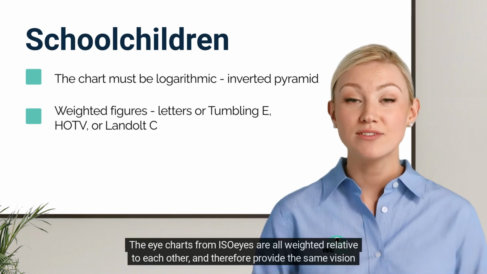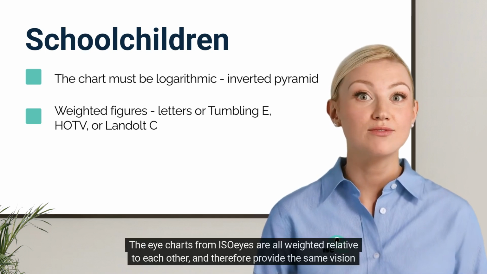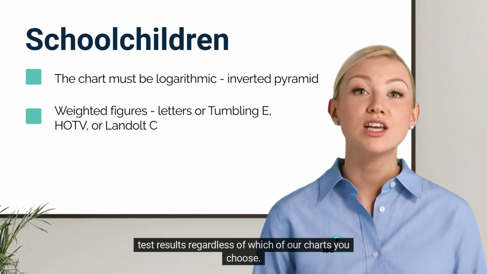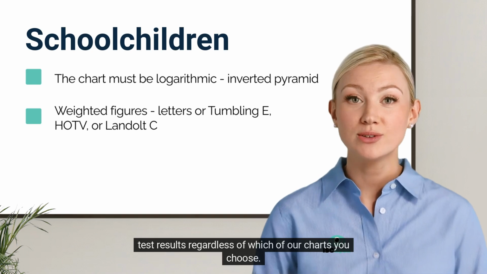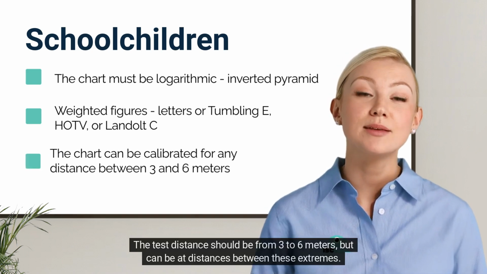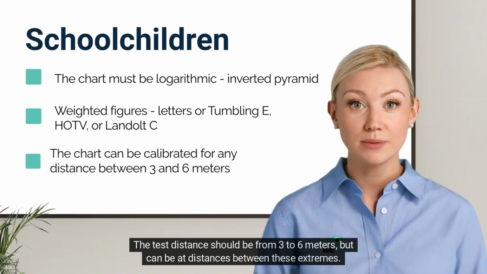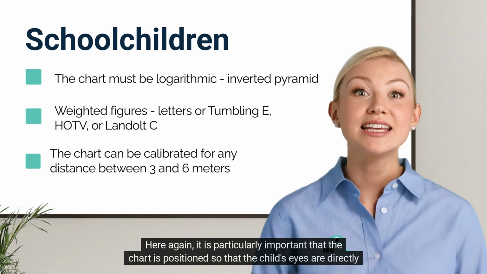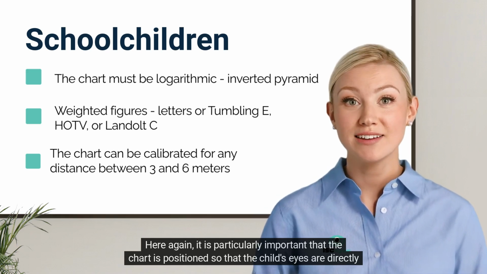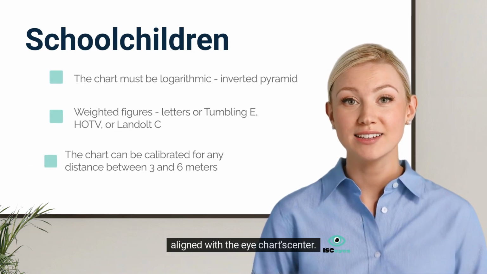The eye charts from ISOeyes are all weighted relative to each other and therefore provide the same vision test results regardless of which of our charts you choose. The test distance should be from 3 to 6 meters but can be at distances between these extremes. Here again, it is particularly important that the chart is positioned so that the child's eyes are directly aligned with the eye chart center.